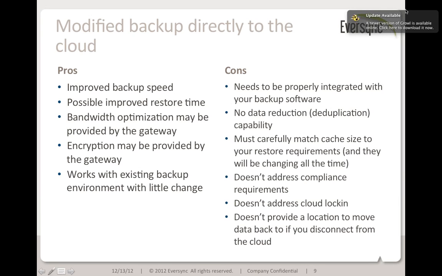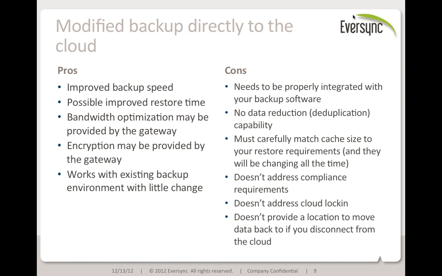One of the potential issues is that you will actually need to integrate with your backup software. And the reason is because most backup software is going to have some overlapping features that are also provided on the gateway, things like encryption, possibly deduplication. And those things have to be done in the right order. So, for example, you wouldn't want to have your backup software encrypting your data and then your gateway attempting to deduplicate after it's been encrypted, because you would negate the value of deduplication.